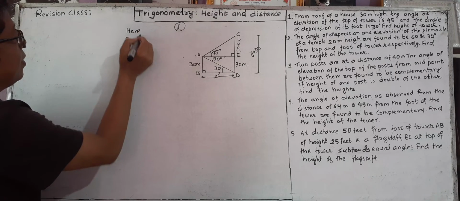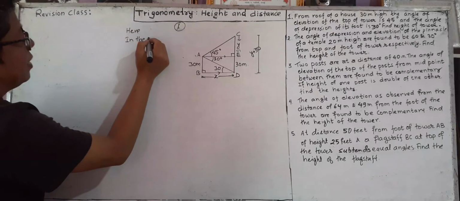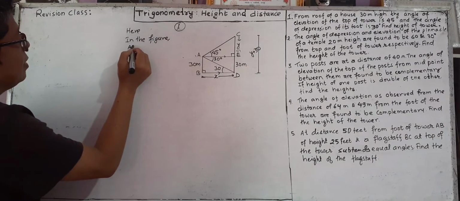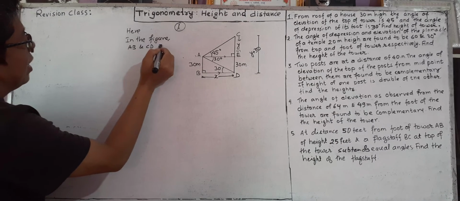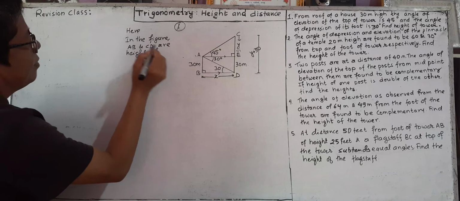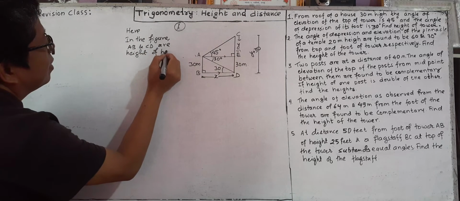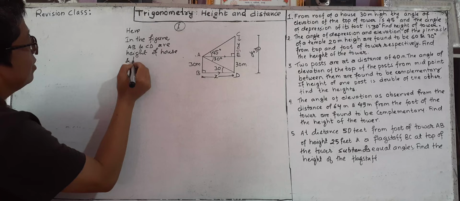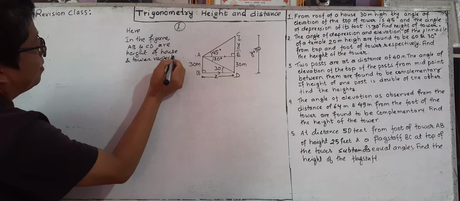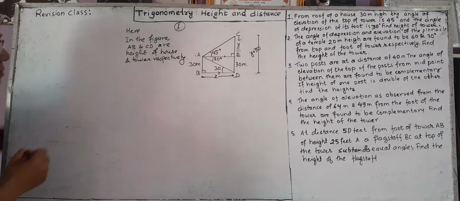In the figure, AB and CD are height of house and tower respectively.